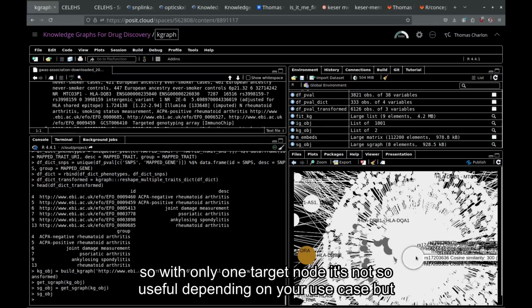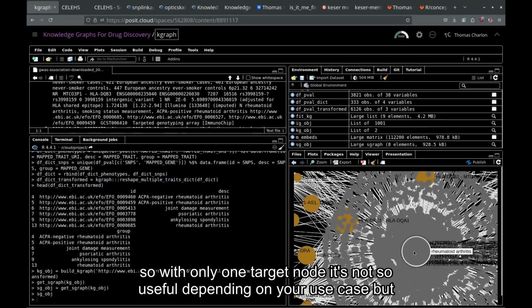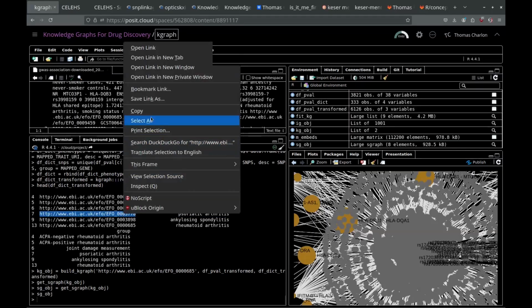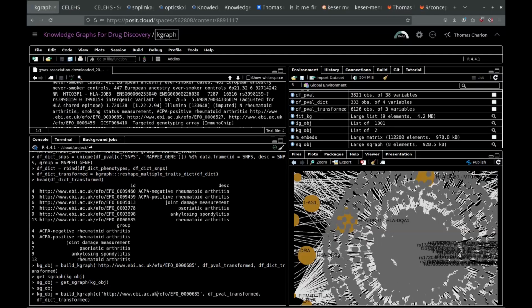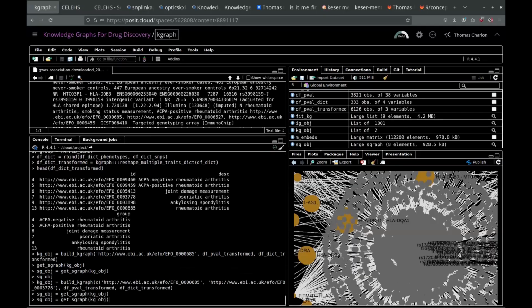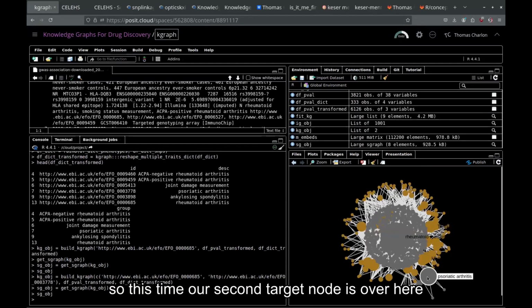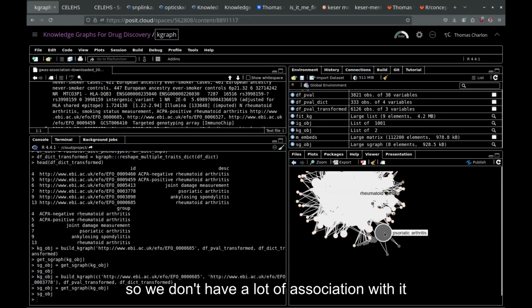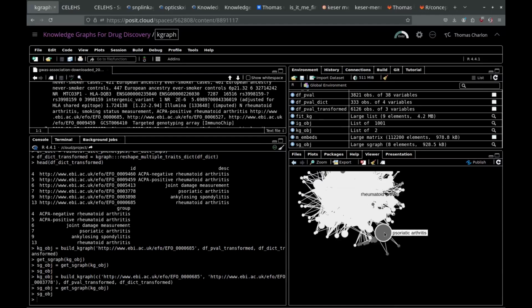So with only one target node, it's not so useful depending on your use case, but let's try to put up 2 target nodes. So this time our second target node is over here. So we don't have a lot of association with it.